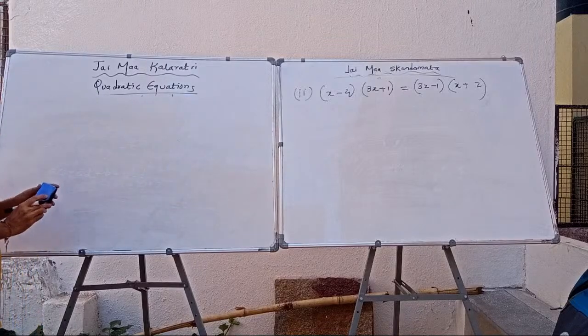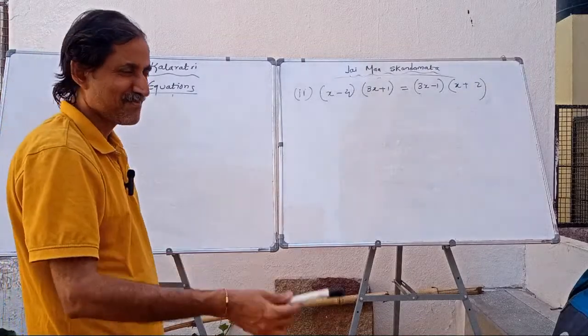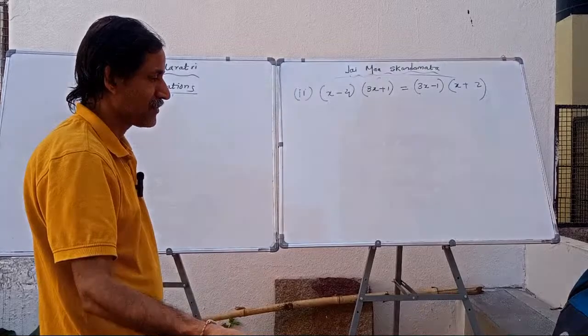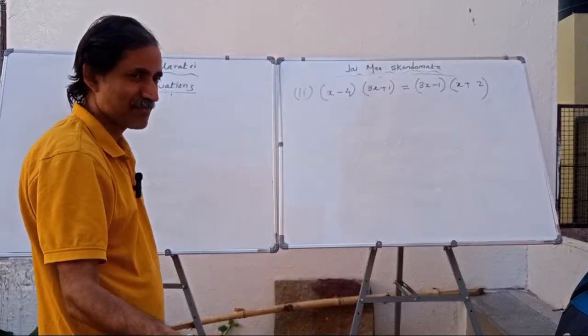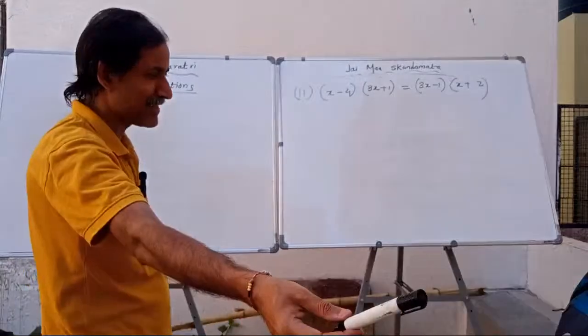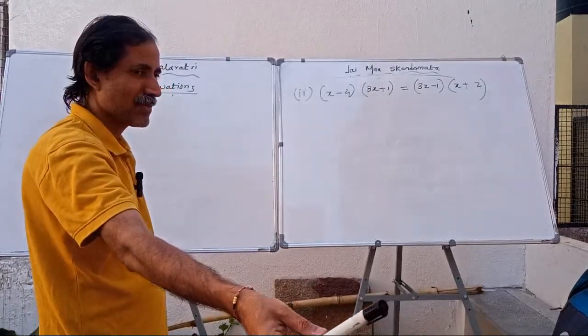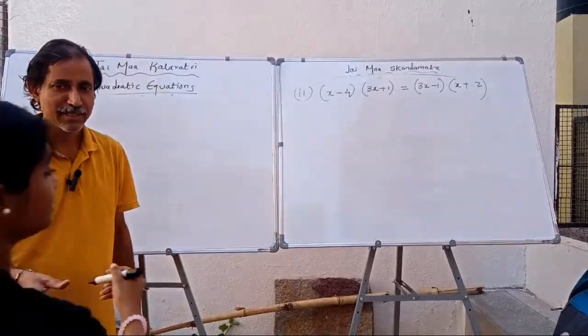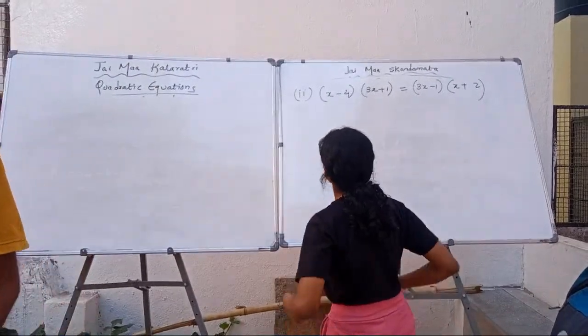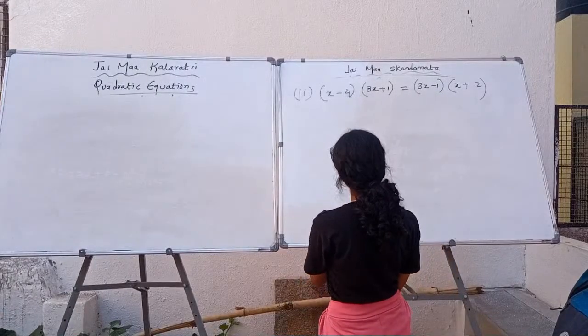Okay. So I've got you started already. Now it's time that you come and show Sid how you do it. Okay. Come. So do you want to do it? No. Okay, good. You know x into x? Yes. X square. X into x is x square.